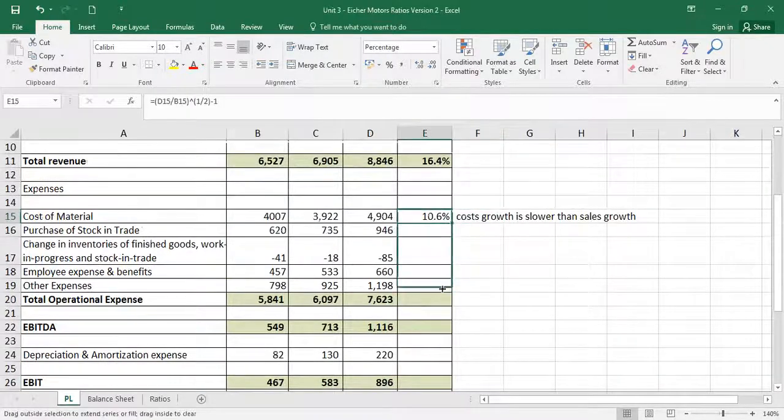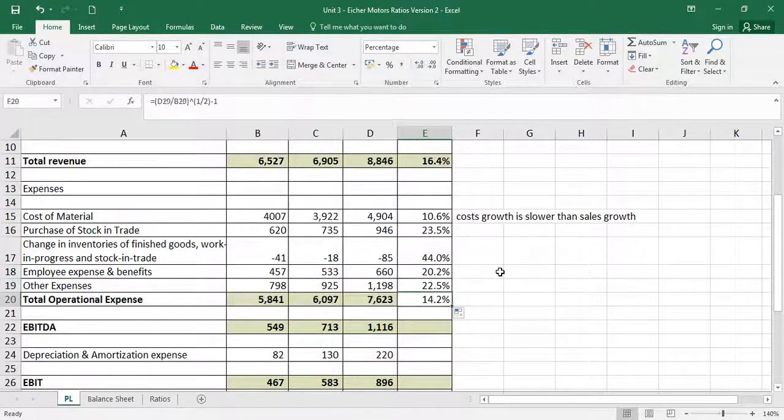I drag it down to get the data for all the years, and we find that employee expenses have grown faster, so have other expenses. Probably there's a trend of extra spend on marketing, etc., by this company, which is causing these numbers to grow faster.